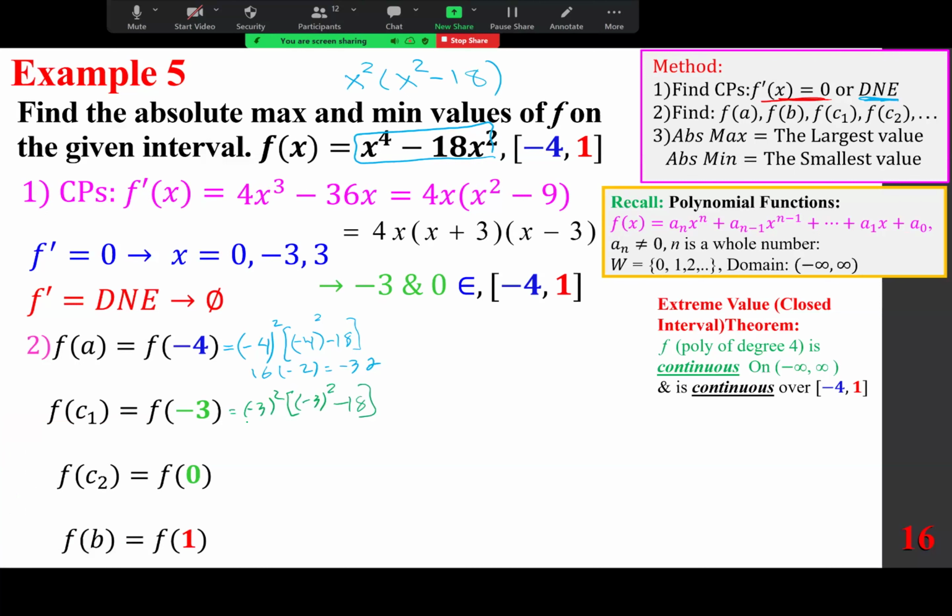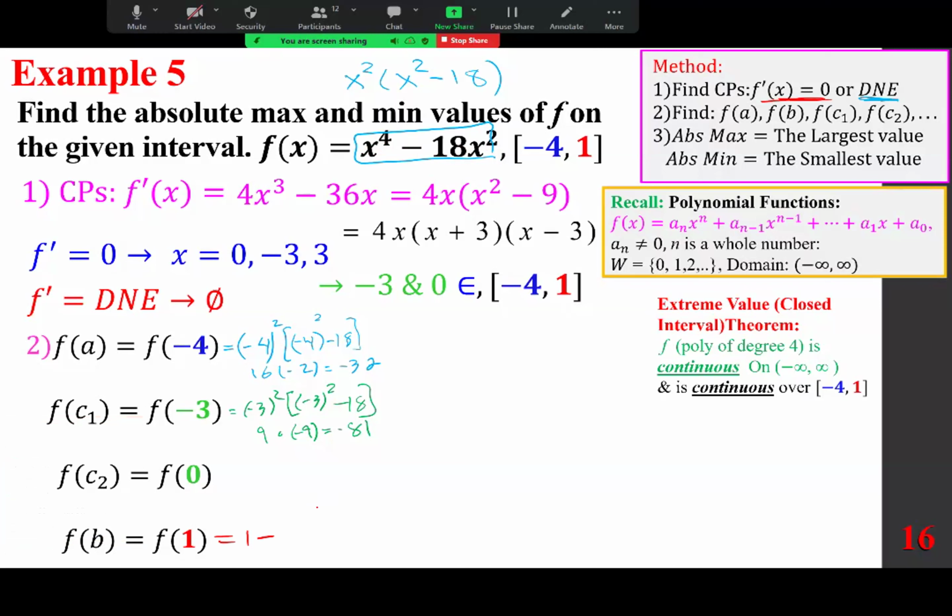Minus 18, which is -9. And so 9 times -9 is minus 81. 0, I'm not going to evaluate it. Just plug in clearly. This one is easier. 0 makes it 0. 1 is very easy using this one. 1 to the power of 4 is 1.